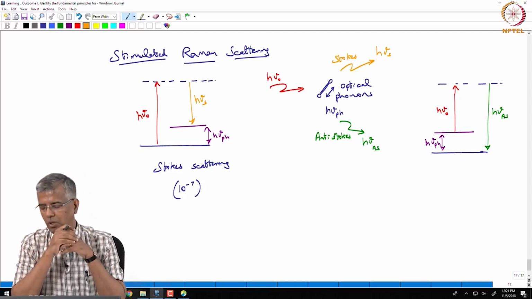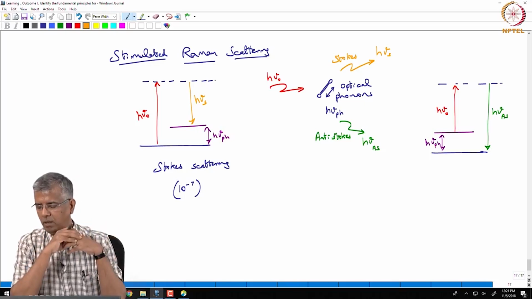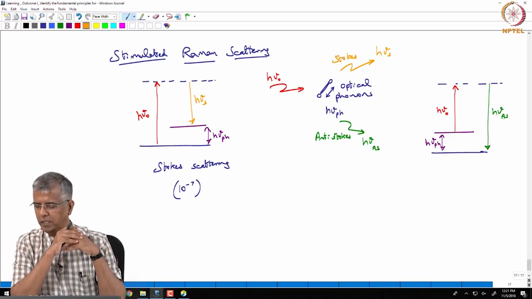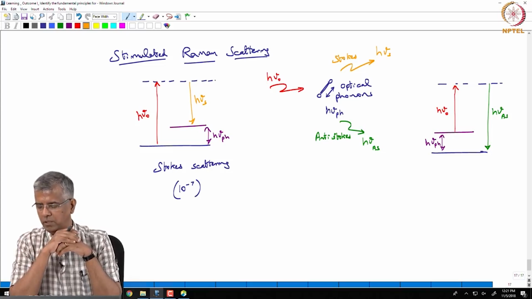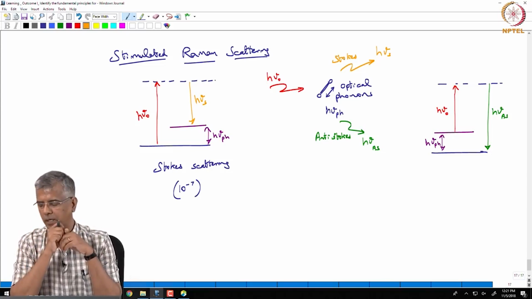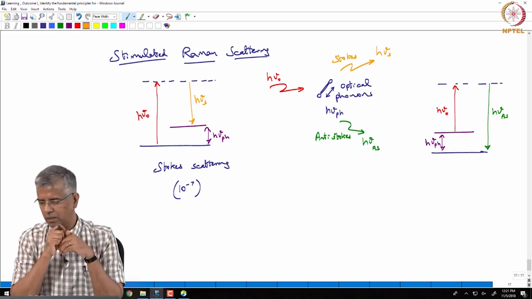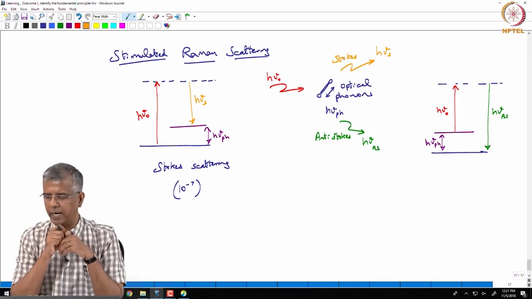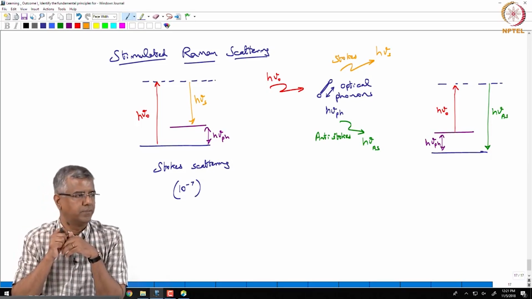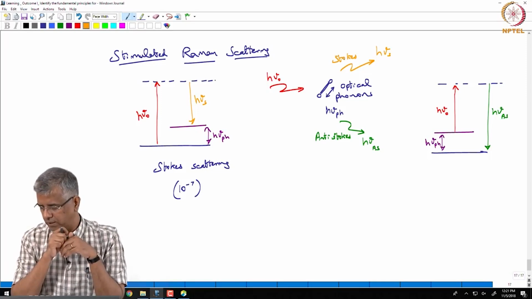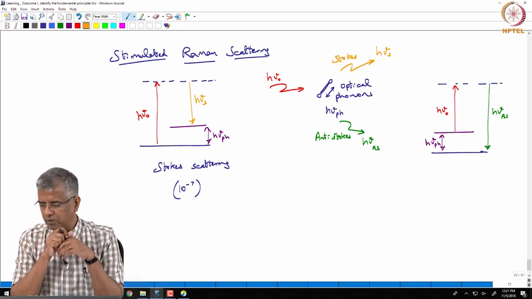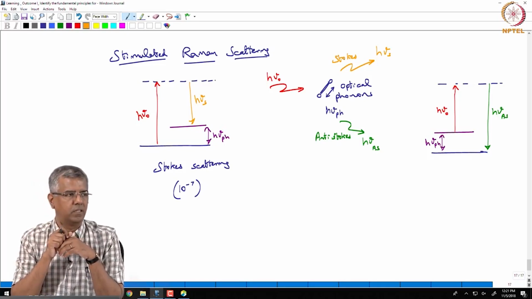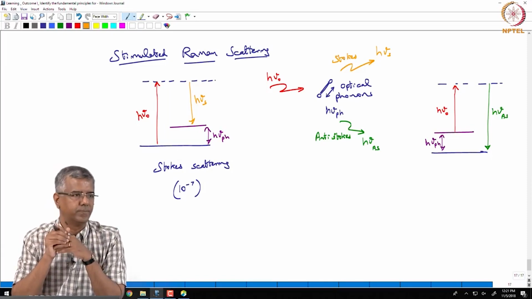So if you have a hot body, some material with higher temperature, and you come around with a photon with energy h nu naught, it can take that phonon energy and scatter off with higher energy, which is what we are calling the anti-Stokes. So by looking at the anti-Stokes radiation, you can tell what is the temperature of that particular material.